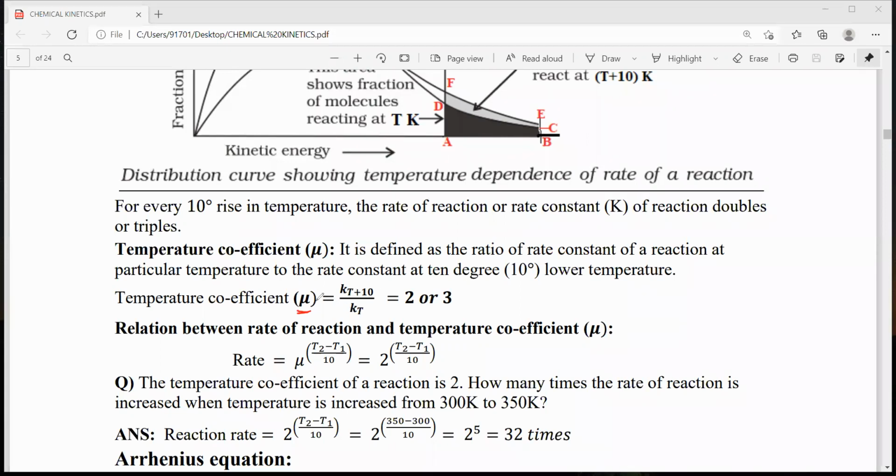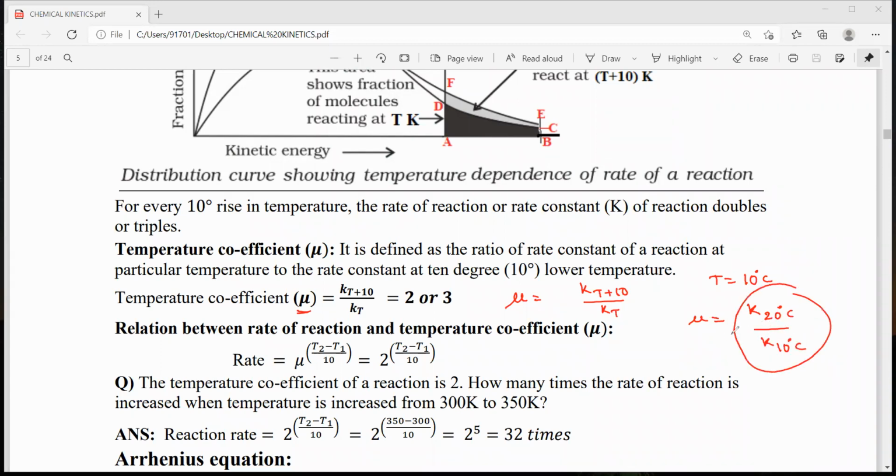According to the definition, nu is equal to k at t plus 10 divided by k at t. For example, if t is 10 degrees centigrade, then nu is equal to the rate constant of the reaction at 20 degrees centigrade to the rate constant at 10 degrees centigrade.